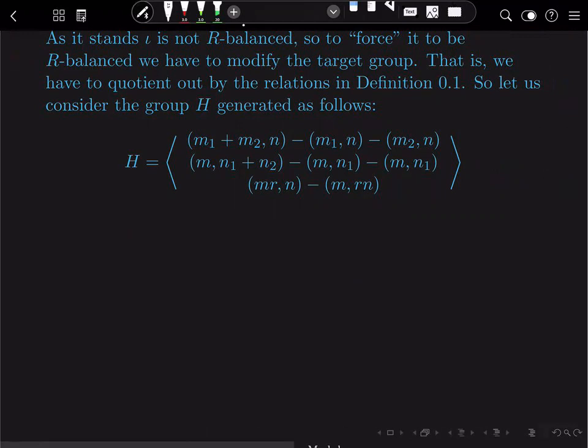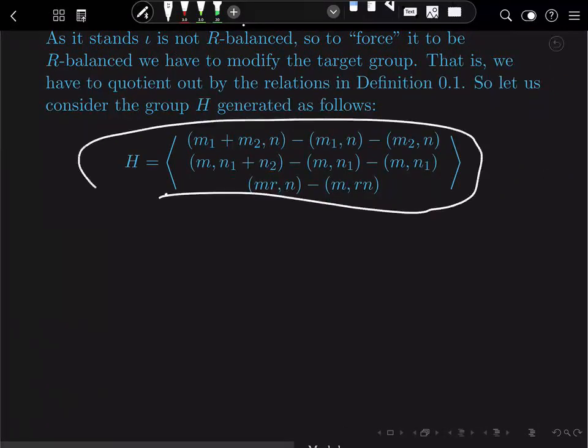When you first see this, it may seem obscure, but if we stick around for a little while, we'll see that if we consider the subgroup generated by these relations, H, right? I just take these brackets to mean the subgroup generated by these elements. And then we know this is a normal subgroup, right?